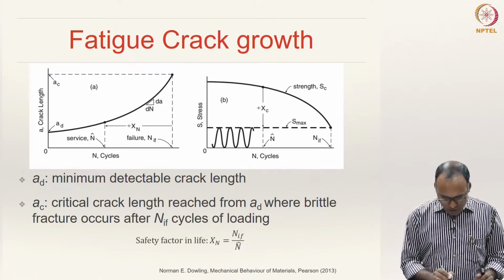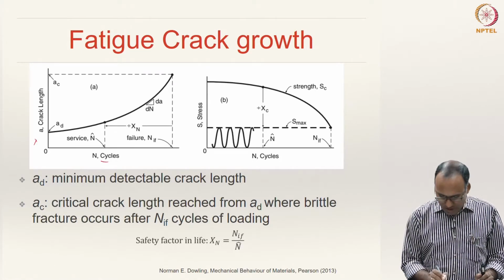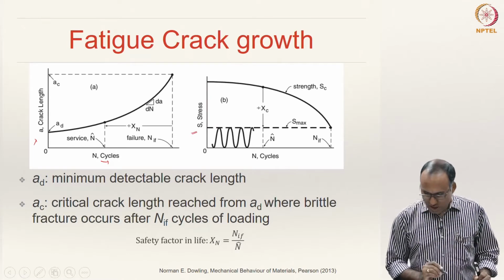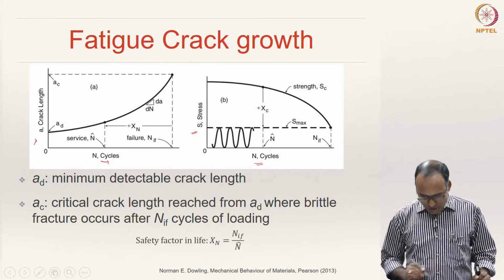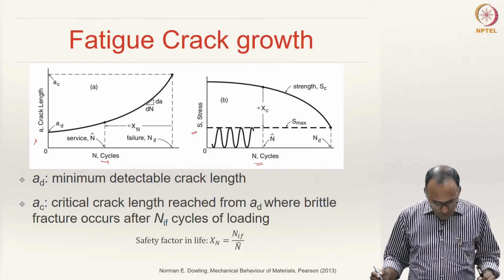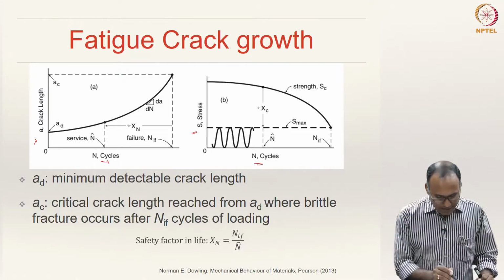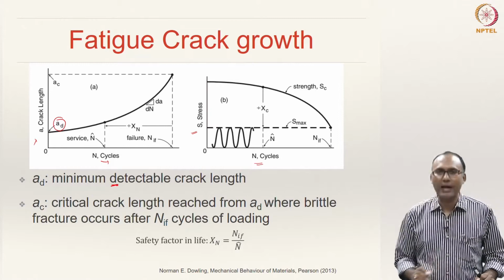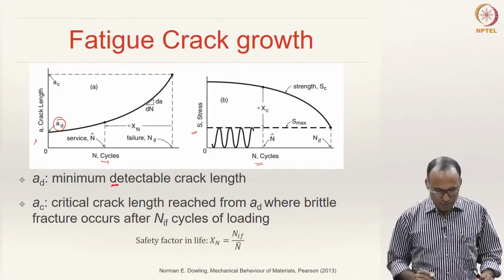The first one shows the crack length as a function of number of cycles, and the second one shows the stress as a function of number of cycles. Here let us say AD is the minimum detectable crack length. D stands for detectable.